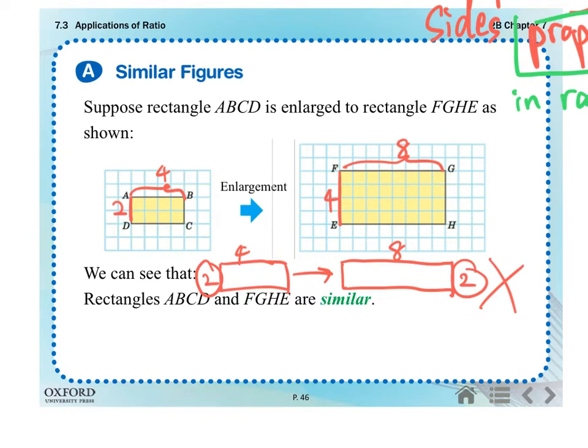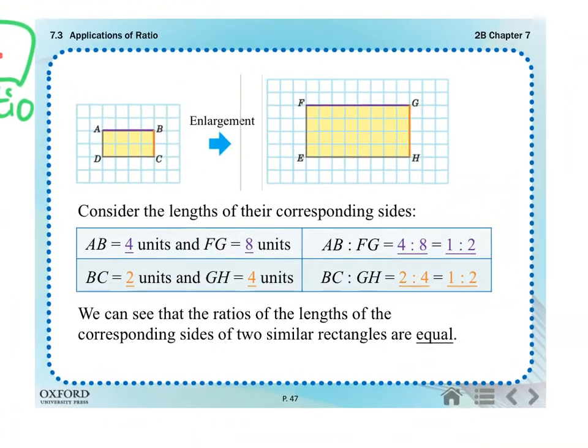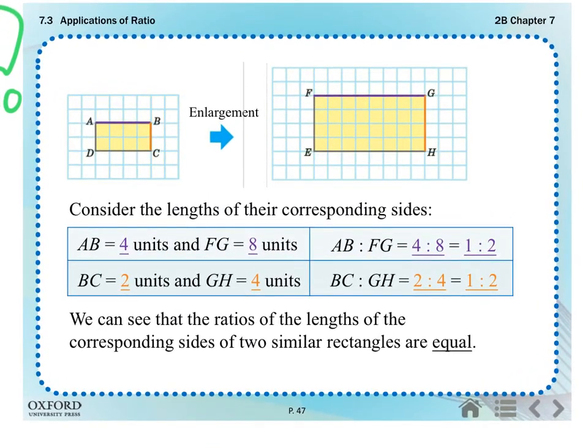So instead of the enlargement, what about the reverse? From large to small, how do we call it? I hope you remember, it is reduction. It's the same, smaller, okay? So this shows you the meaning of the corresponding sides and how we form the ratio. Consider the names of their corresponding sides.